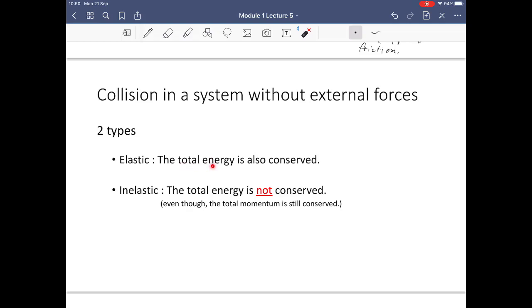For elastic collision, the total energy is conserved, but for inelastic collision, the total energy is not conserved. That is the only difference. In both cases, the total momentum is conserved. For inelastic collision, only the momentum is conserved, but the total energy is not.